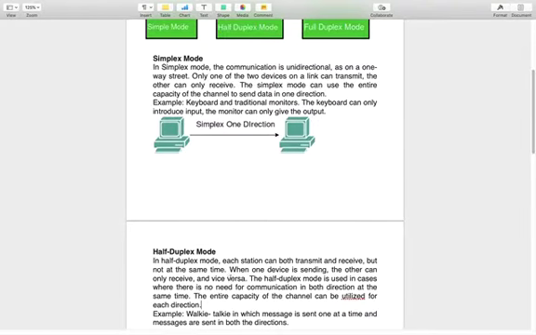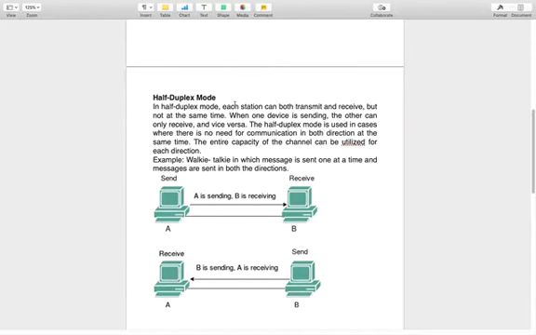Our second is half duplex mode. In half duplex mode, each station can both transmit and receive, but this is done only one at a time. When sender sends the data, it cannot receive the data. When receiver receives the data, at that time it cannot send the data.